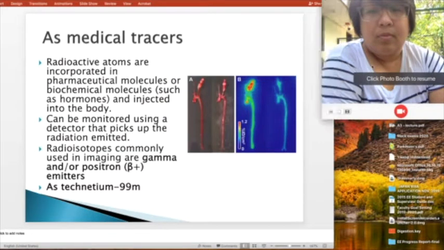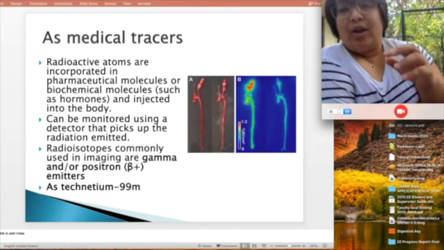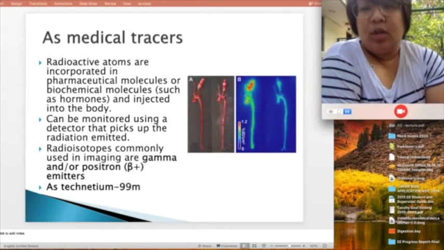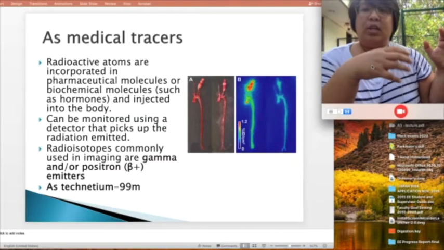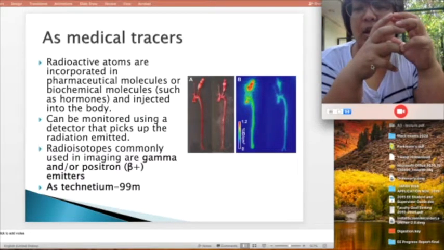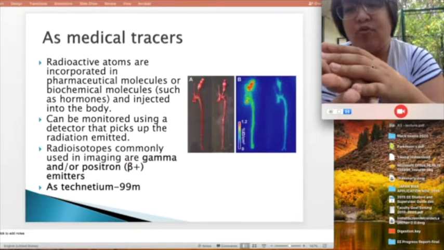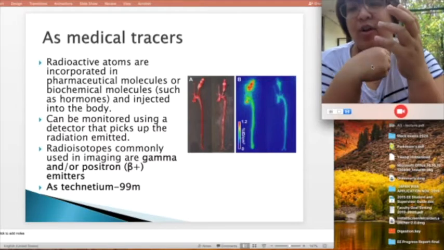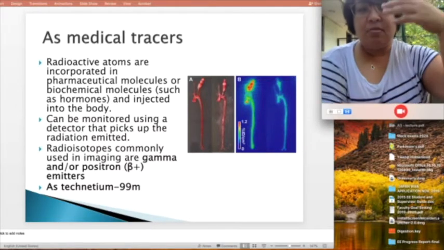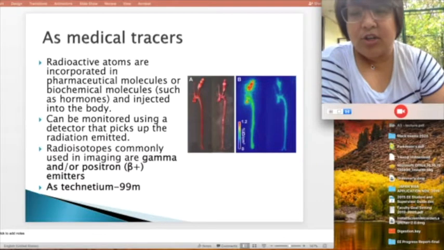Okay, so as medical tracers, we use radioactive isotopes and put them in another molecule, and we can inject it inside the body. Because the radioactive isotope emits radiation, we can detect its movement. We can pick up where the radiation is.